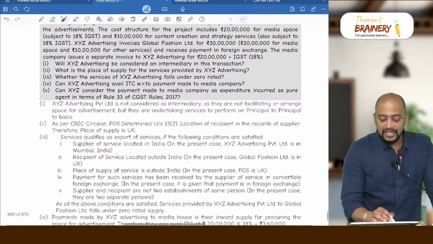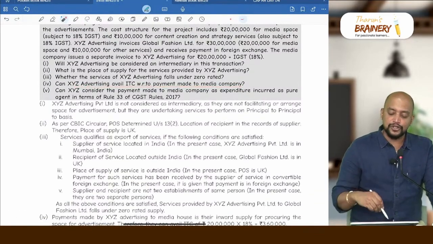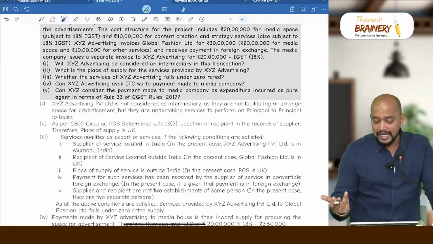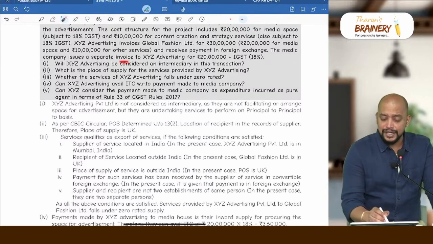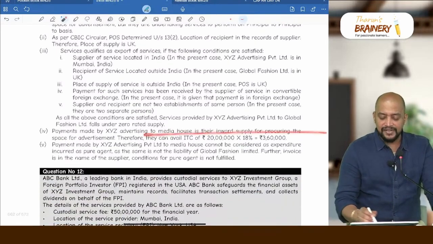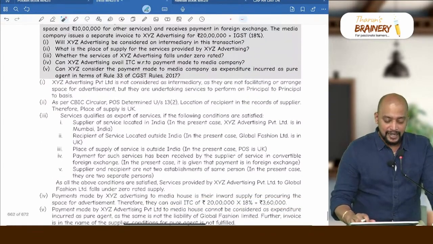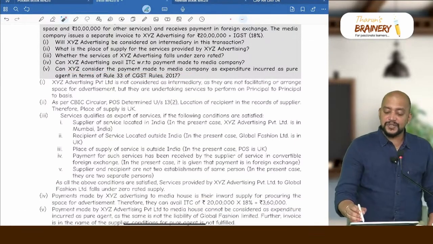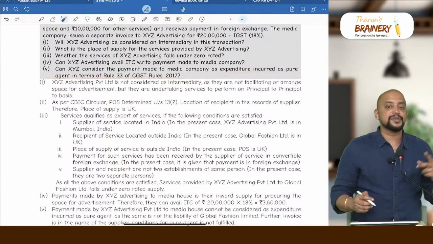4, can XYZ Advertising avail ITC with respect to payment made to media company? XYZ can avail ITC because the invoice is in the name of XYZ Advertising. So yes, they can definitely avail ITC with respect to that. Then can XYZ consider the payment made to media company as expenditure incurred as a pure agent in terms of Rule 33?